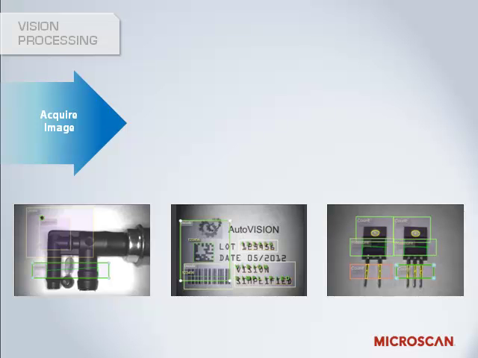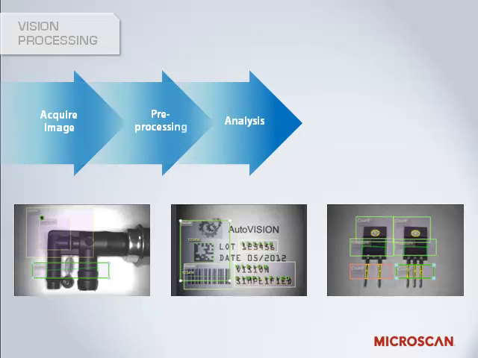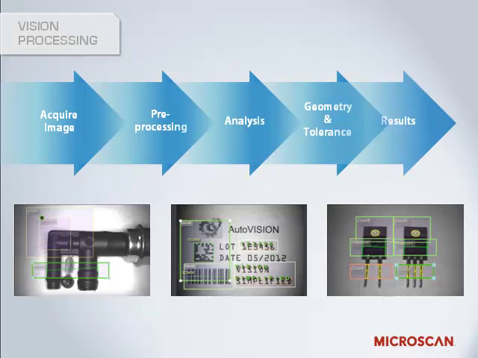In some cases, pre-processing may take place to optimize the image and ensure that all the necessary features stand out. The software then finds the features that it's supposed to look for, runs measurements, and compares these to the specification. Finally, the results of these measurements will be communicated as pass or fail.